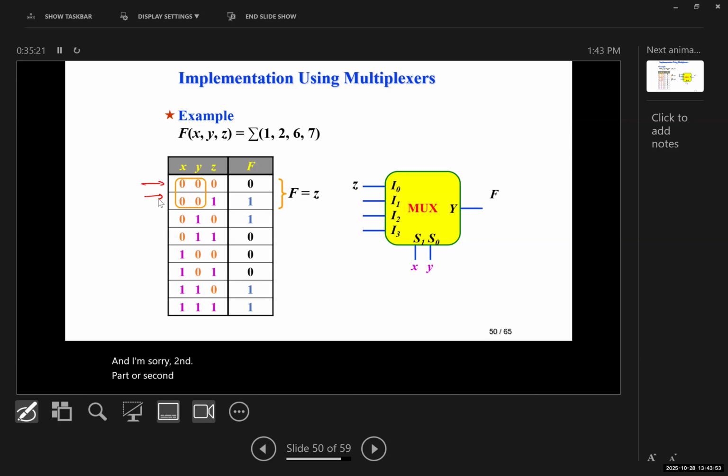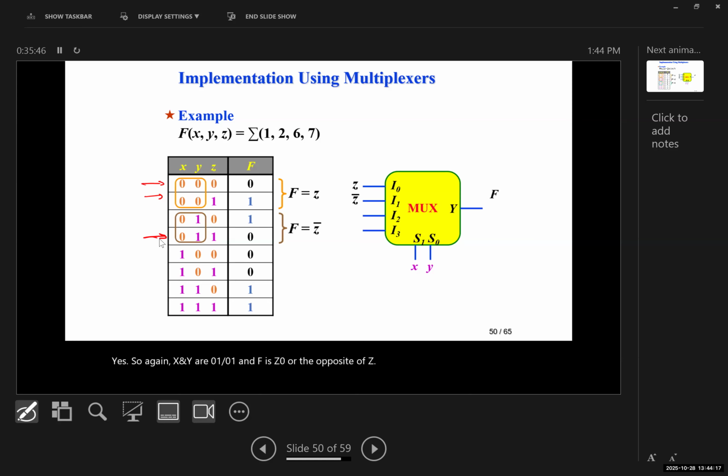In other words, 0, 1, 0, and 0, 1, 1, the third and the fourth row. What is the relation between? Yes. So again, x and y are 0, 1, and f is z naught, or the opposite of z.